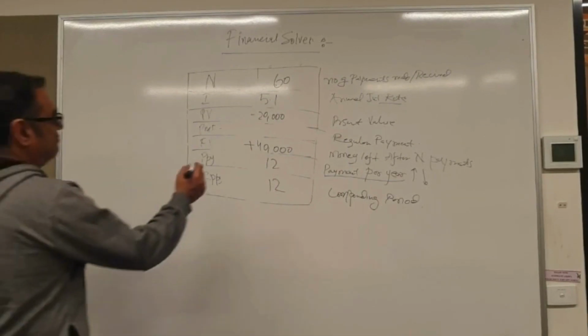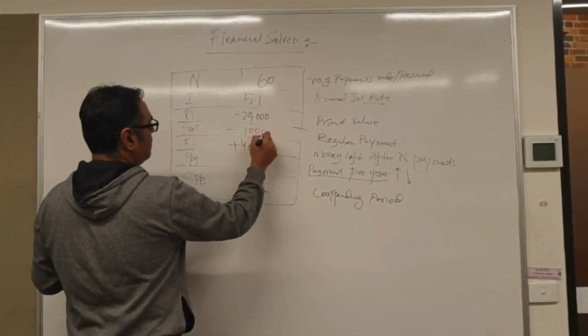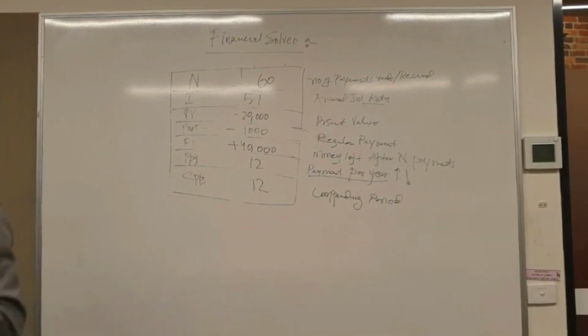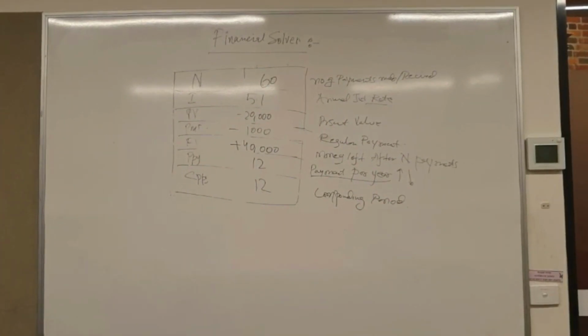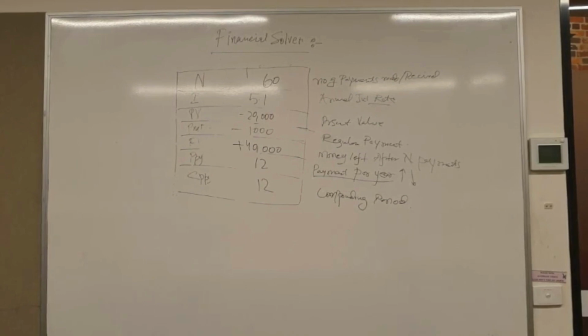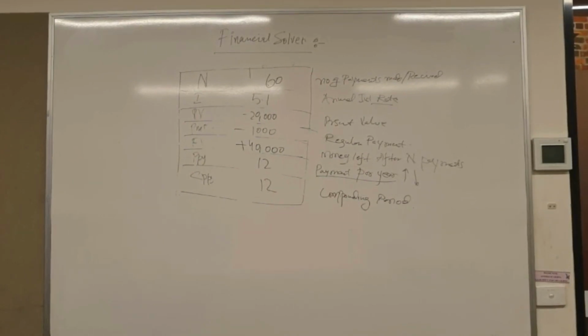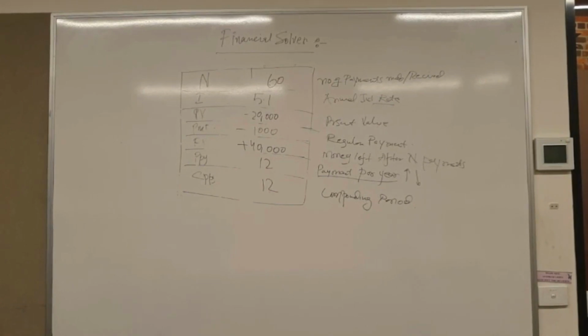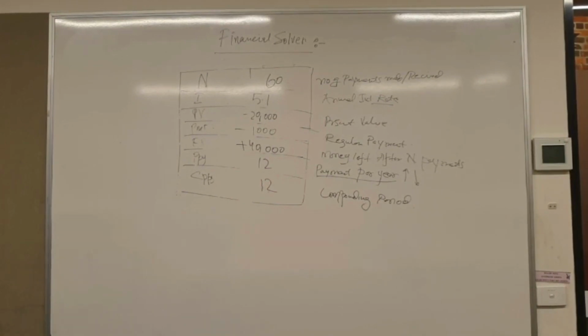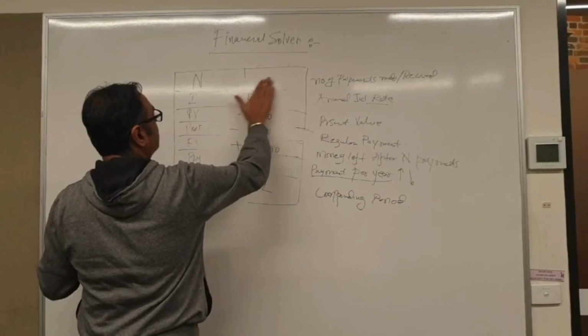So this is now negative 1,000. And then it says, immediately after the interest is calculated, what is the minimum number of months required to triple the value? Now I need to find n.